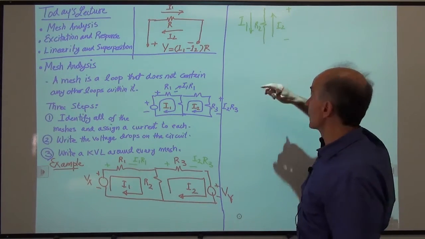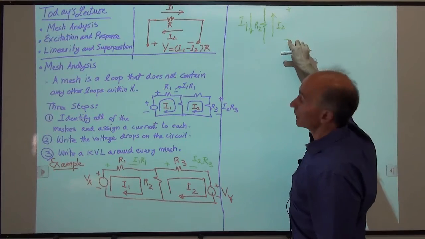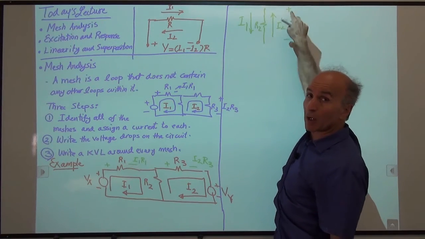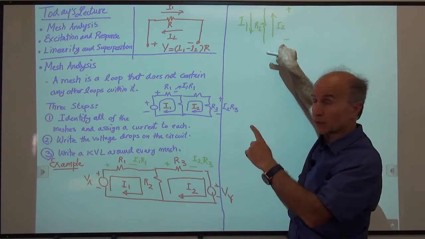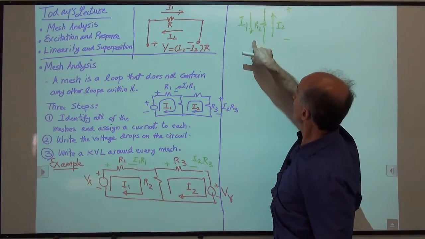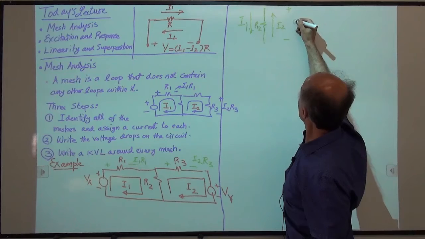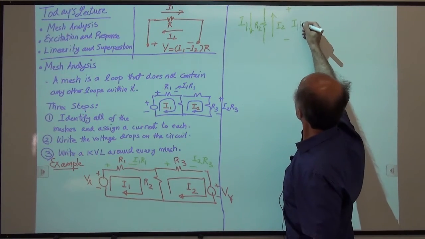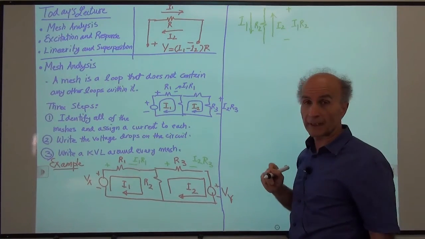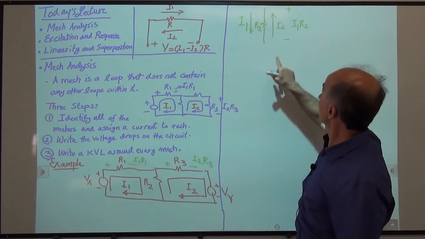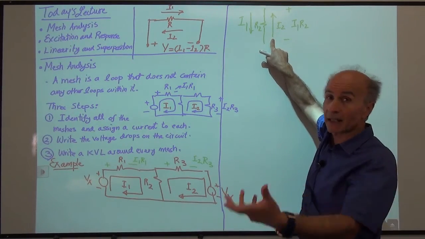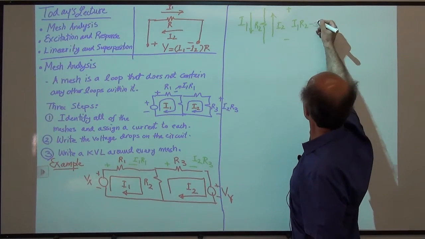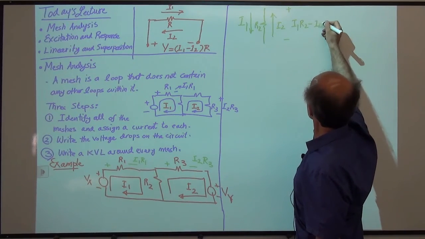Well, if the voltage is high here, low here, then the current going from high to low is directly multiplied by the resistor to give me that voltage. So the current going from high to low, I1, gets multiplied by R2. And then there's a current that's going from low to high, this one. So that generates a negative voltage. So that has to be minus I2 R2.